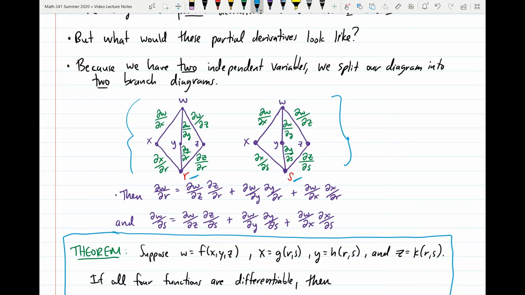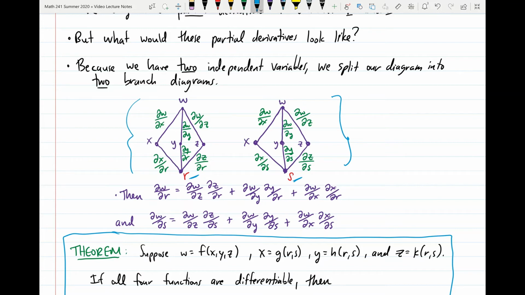And now we have branch diagrams that we should be comfortable with. So again, we have our dependent variables at the top of the diagrams. We have our intermediate variables, x, y, z, in the middle, and then the independent variable. And now we only have one independent variable per diagram, and it's going to show up at the bottom of our branch diagram.